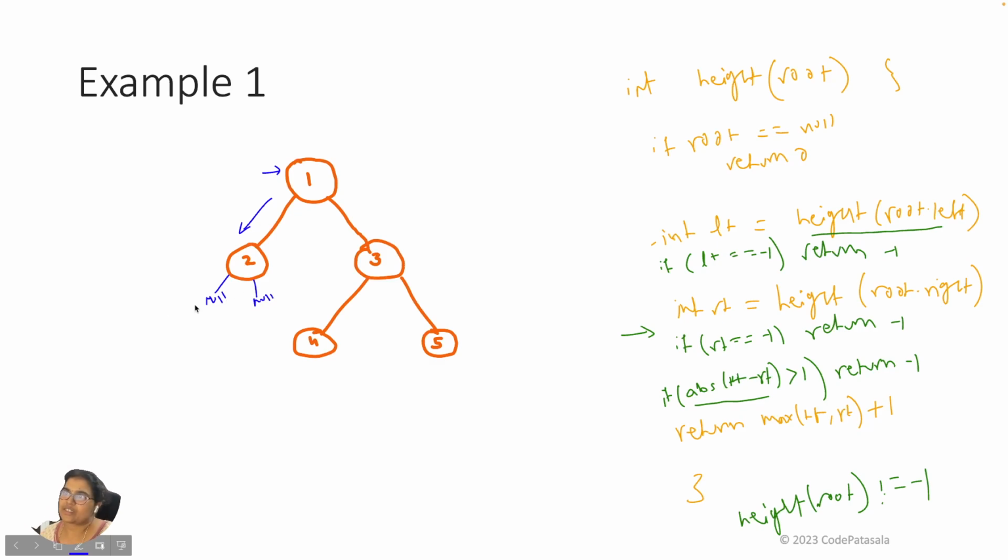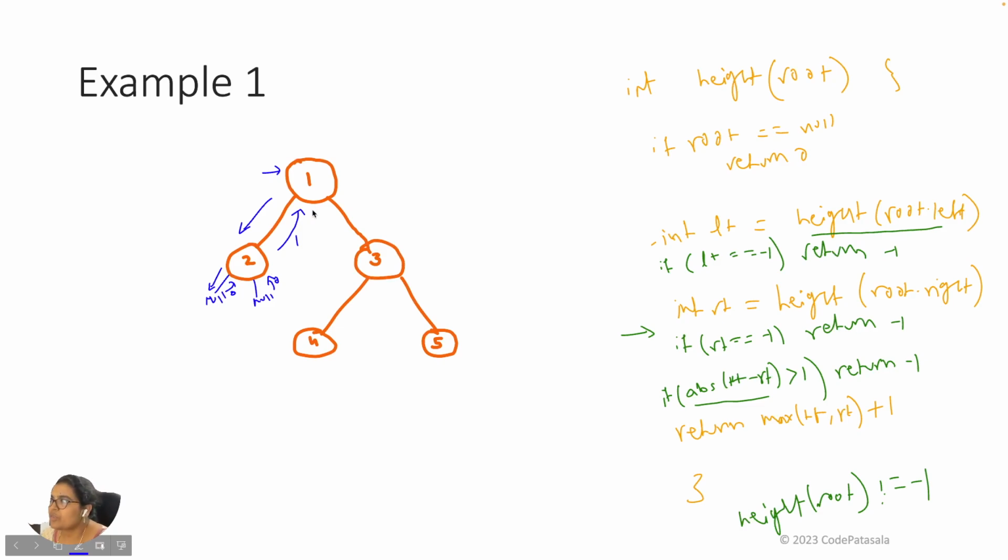So it goes to its left, which is null, and it returns back with height 0. Similarly, its right pointer also returns with height 0. So for it, left and right is height 0. So the height of this one would be 1. So this returns here with a 1.